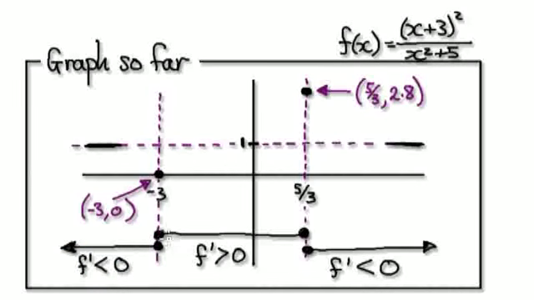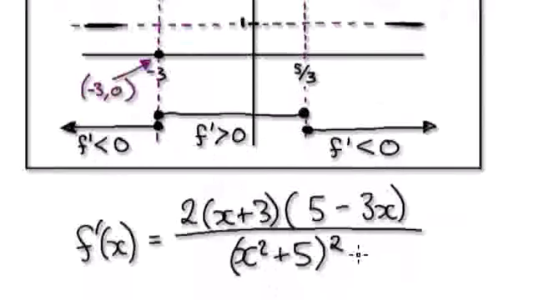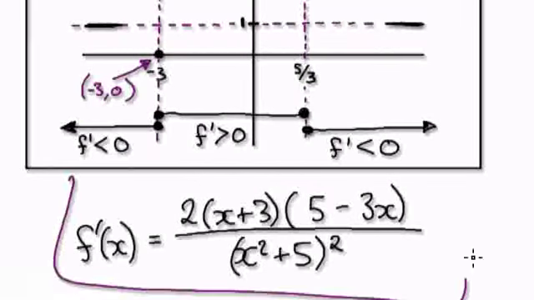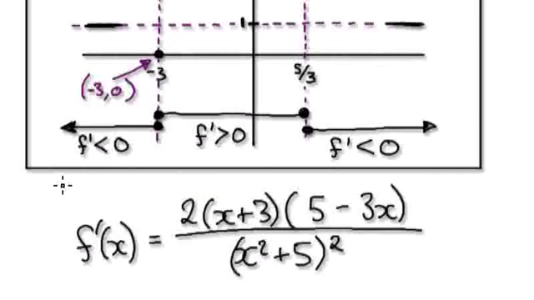When you are in this region here, f prime will be greater than 0. In this region here, f prime will be less than 0, and the way you can tell is by looking at the formula for f prime.